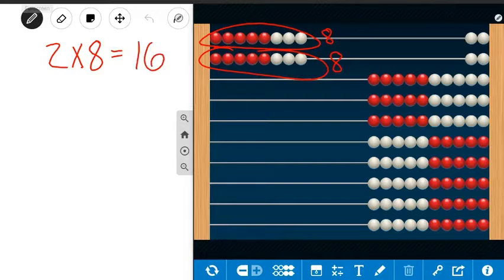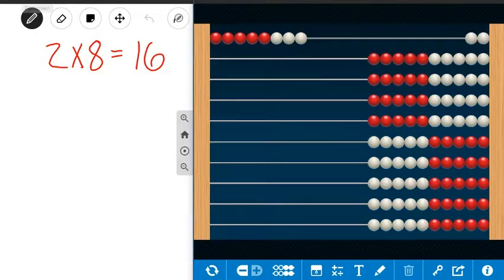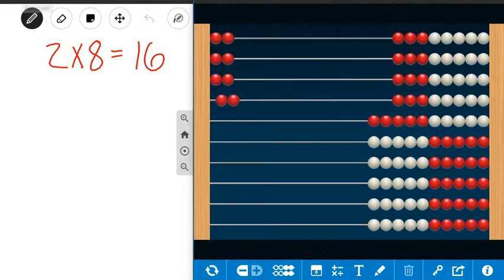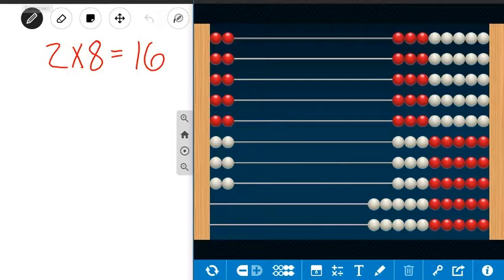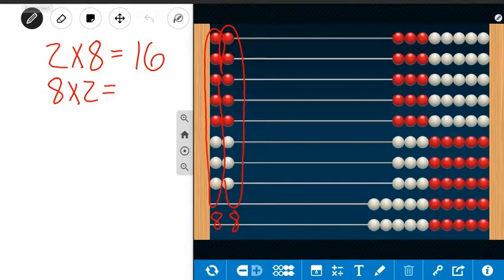And if I want to represent that another way, by having 8 rows of 2, it's still going to lead to the same product. It's just represented in a different way. I still have 8 here and 8 here. So I still have 8 2 times. So even 8 times 2 is going to equal the same product, 16.